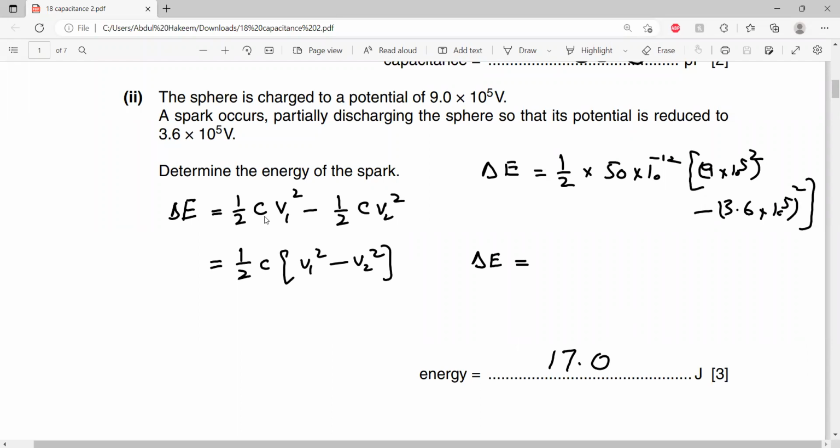So it is 1 by 2 C V1 square minus 1 by 2 C V2 square, 1 by 2 C common, V1 square minus V2 square. V1 is given 9 into 10 power 5, squared, and V2 is given 3.6 into 10 power 5, squared. So when you calculate this, the answer will be 17. So we will write it 17.0 joule. You have to calculate the difference of energy because the energy of the spark is the loss of energy, the dissipation of the energy.